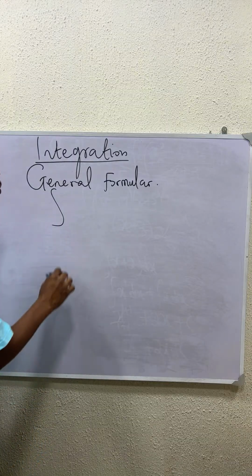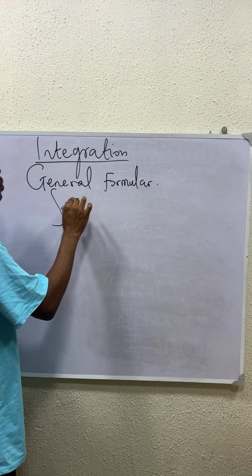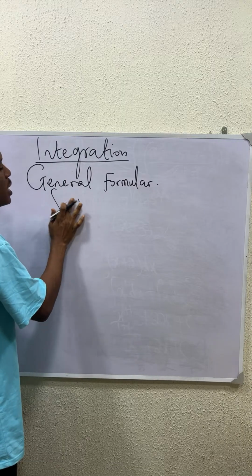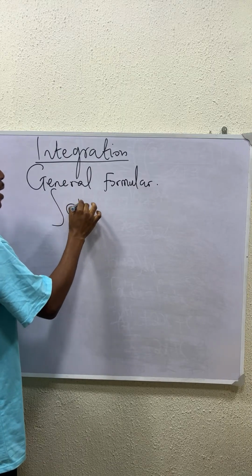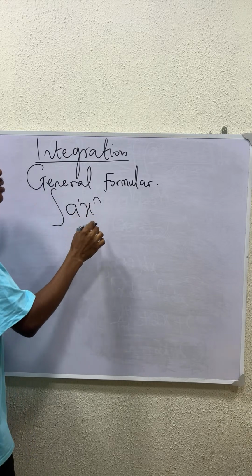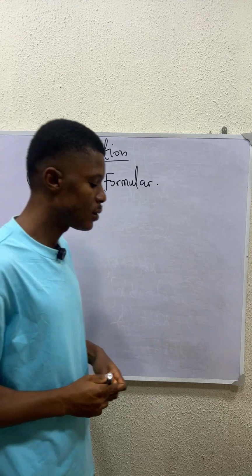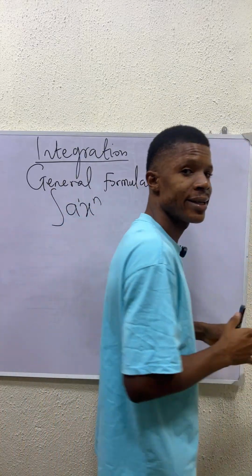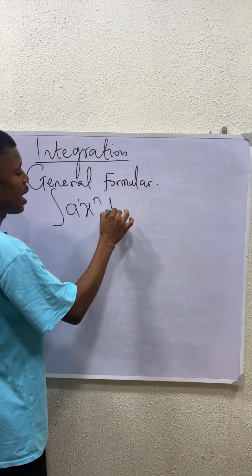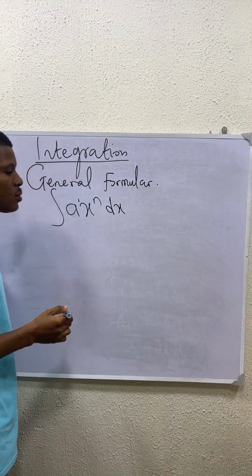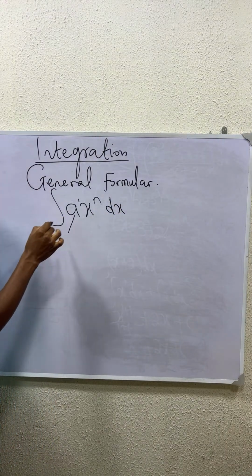So let's say you are told to integrate ax to the power of n. Integrating it with respect to what? Whenever you are integrating with respect to x, when you have the dx, it means with respect to x. At this point, a can be a constant.